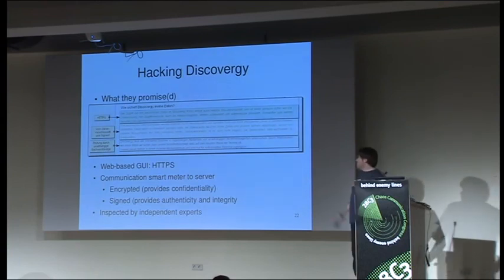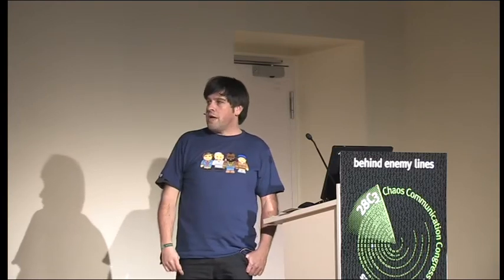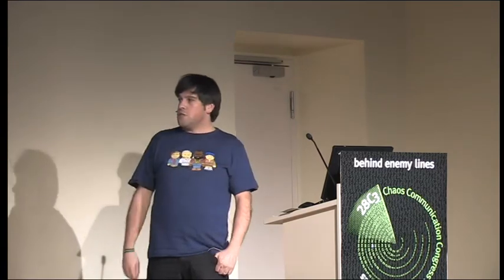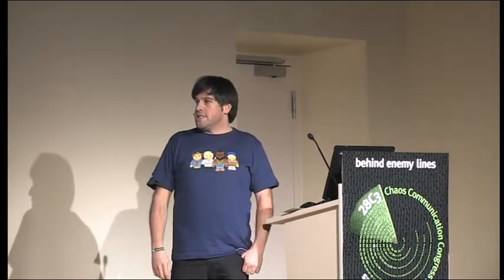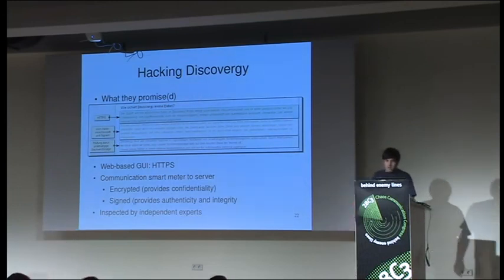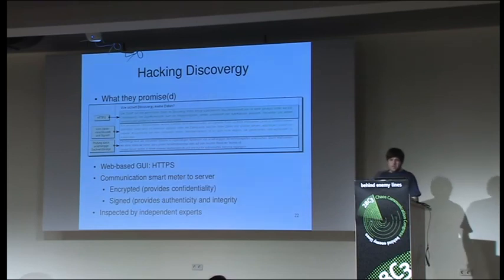They say that the smart meter uses only an encrypted way of communicating, so all data is encrypted to provide confidentiality, and also the data is signed, which means you have no possibility to alter the data to other values. And the red one says that it is inspected by independent experts regularly, they say.